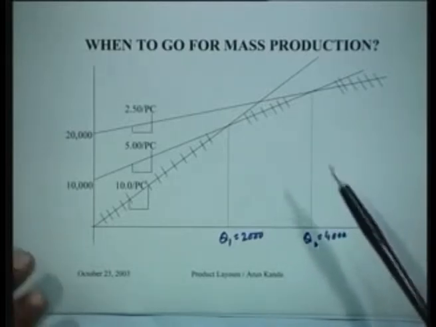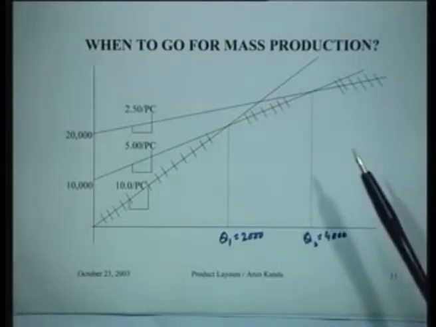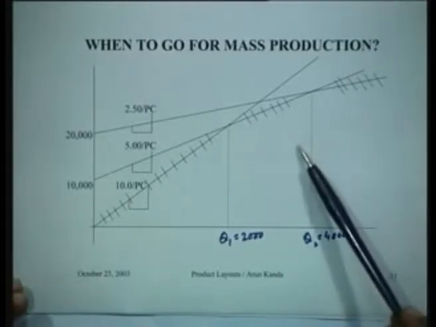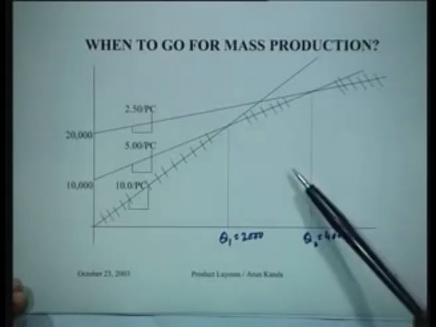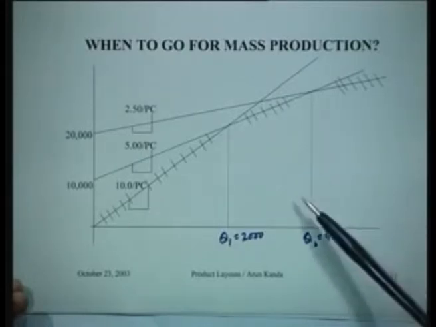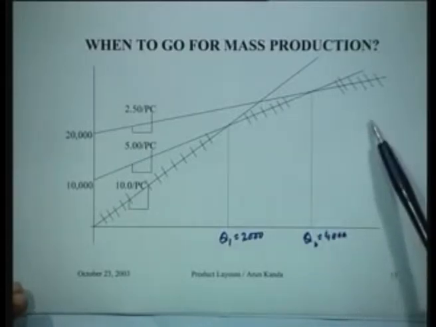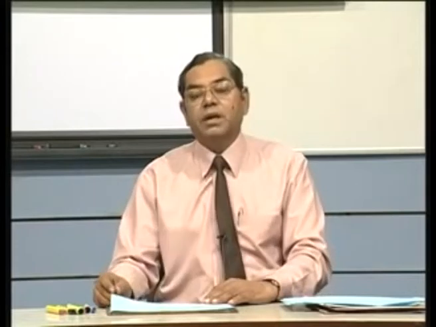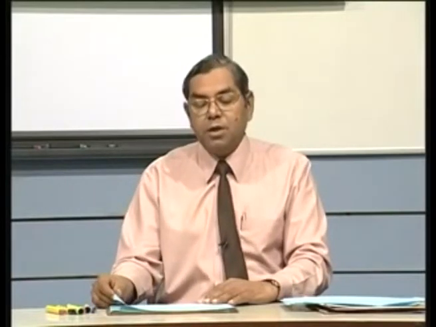Then obviously you can think of the future, and if you envisage a growth in the next year, it might be worthwhile to set up an assembly line considering the fact that you are going to cross this barrier of 4000 in the next year, and so on. So these kinds of decisions actually have to be taken before you decide whether you should go for mass production and when you should go for mass production. So it is essentially an economic decision.